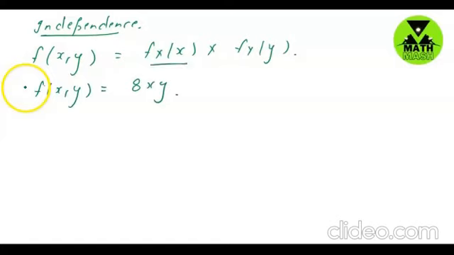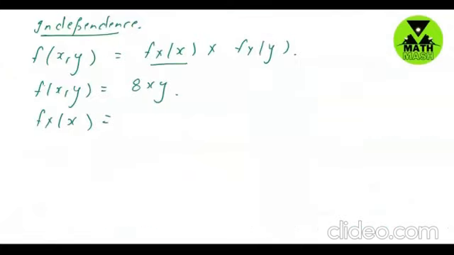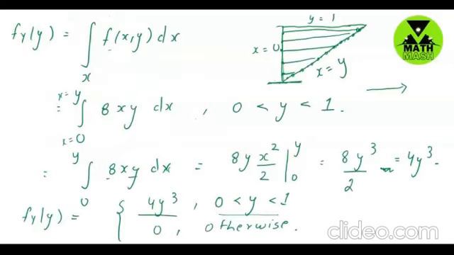Now what is fx of x? fx of x equals minus 4x cube plus 4x, and fy of y equals 4y cube.